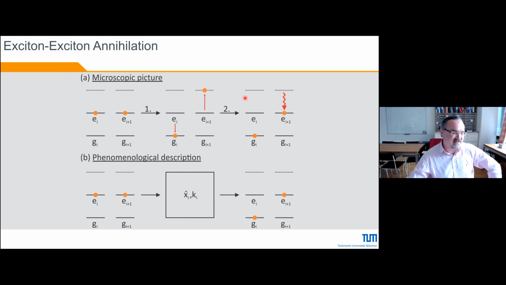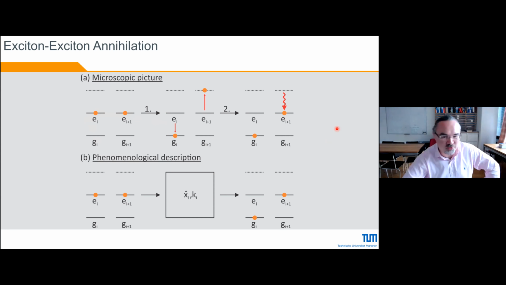This is fine, but it's not going to be very long-lived because this is a very high-lying state. So you will need to also consider relaxation, non-radiative relaxation in this case, back down to this E state, this first excited state. So Exciton-Exciton annihilation is a process in which you get rid of 1 exciton. 2 excitons turn into 1.